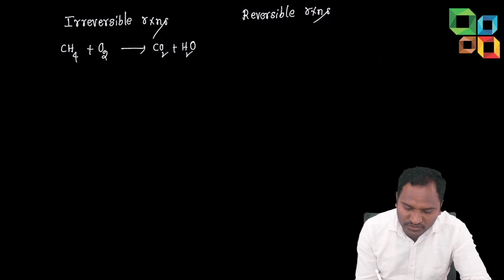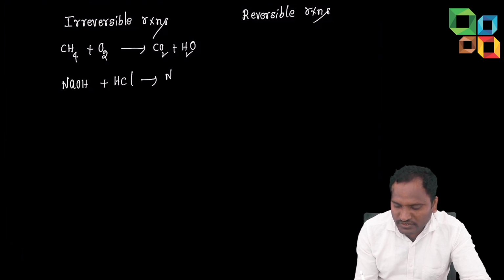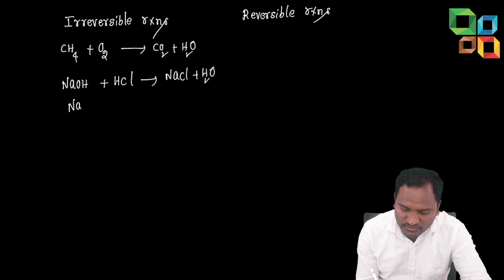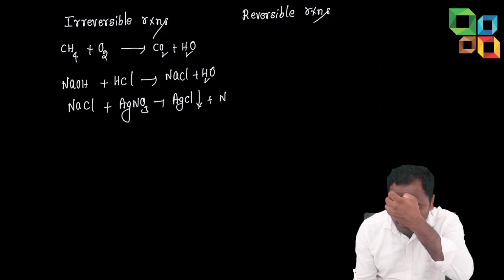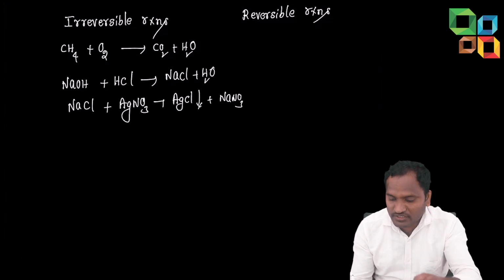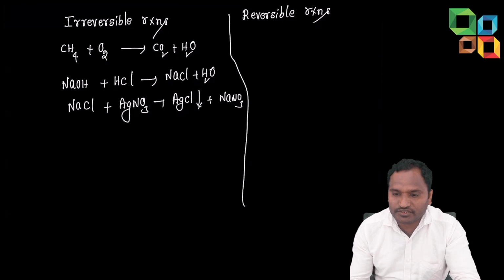And some neutralization reactions like NaOH plus HCl giving NaCl plus H2O. Some precipitation reactions: NaCl plus AgNO3 gives AgCl precipitate plus NaNO3. These are some examples of irreversible reactions.